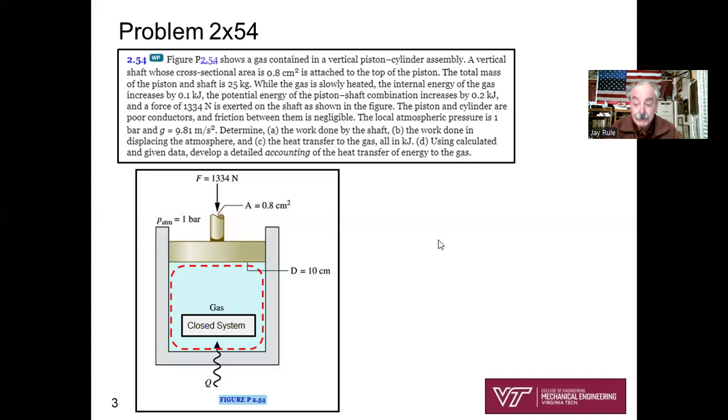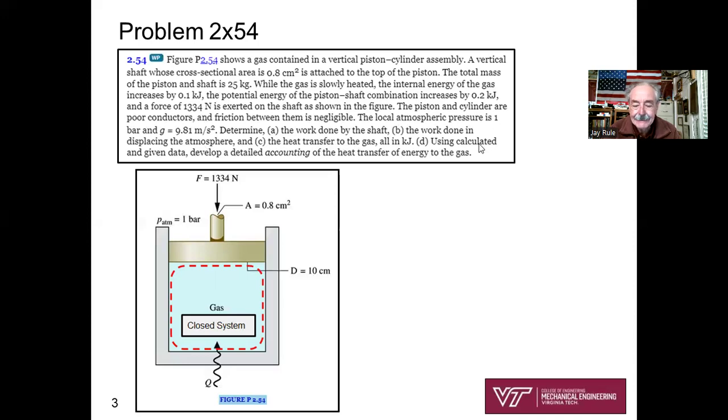And so here's what you're asked to find. A, the work done by the shaft, that is, the 1,334 newtons pushing down as shown in the sketch. B, the work done in displacing the atmosphere. The piston's going to move, and that must mean that work is being done on the atmosphere. C, the heat transfer added, the heat added to the gas.